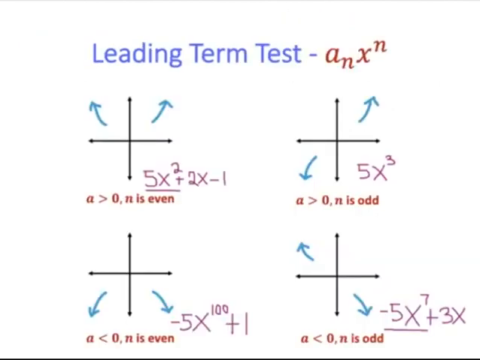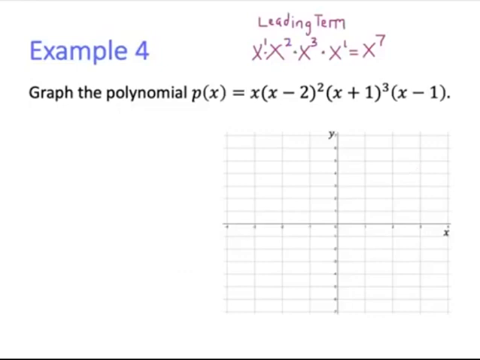So let's look back at our leading term test. If we have a positive coefficient, so a is greater than 0, and if n, the exponent, is odd, the end behavior is that we have arrows going up in the first quadrant and going down in the third quadrant. So we'll go ahead and draw that in to get an idea of what the graph is going to do towards the extremities of x.